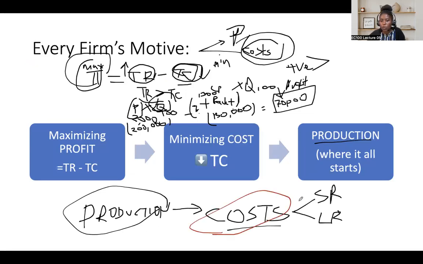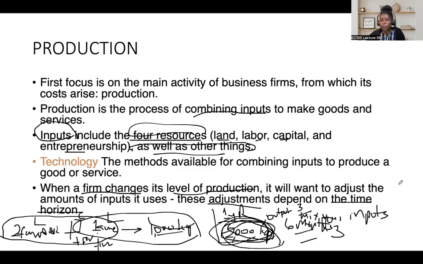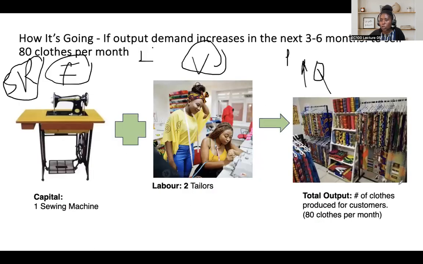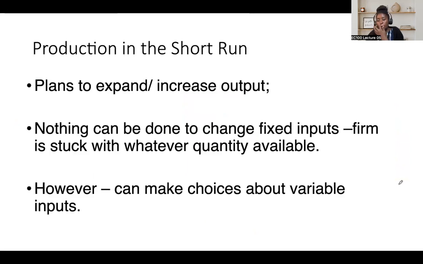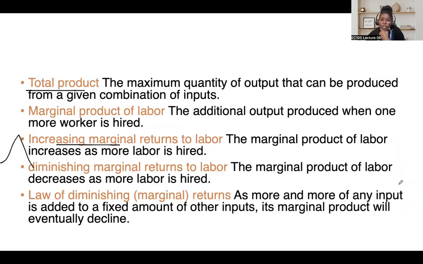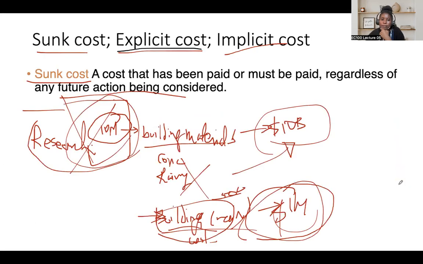For costs, you're going to look at short-run costs and then long-run costs. So we are going to start with short-run. By now, when I say short-run, you remember: short-run cost is whereby you have fixed input and variable input. You want to know how much they cost and how they affect the entire structure of production and things like that.